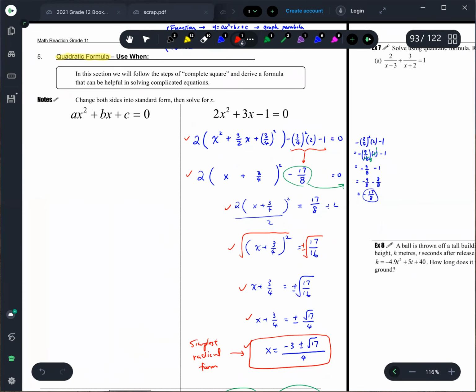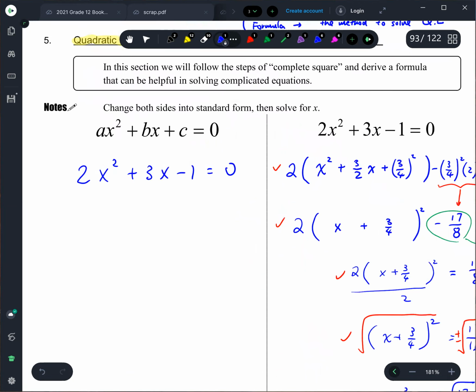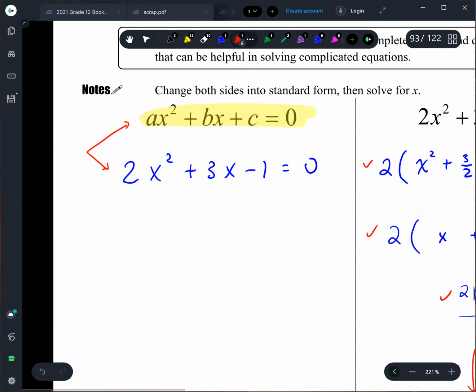First of all, you must make sure your equation is in general form. On the left side, we're going to copy the question down again, and then you compare it with this general form, the one I highlighted here.